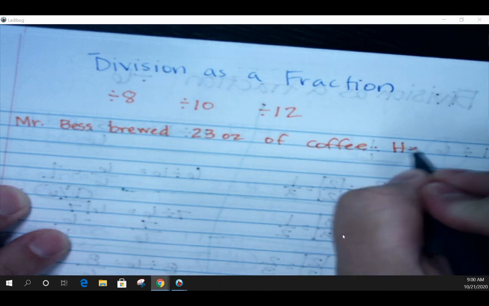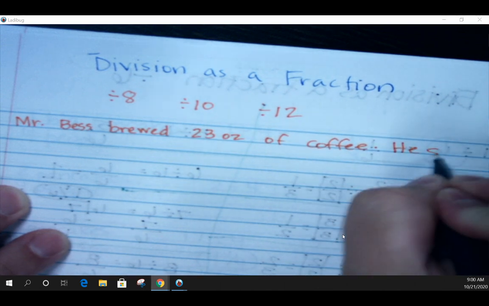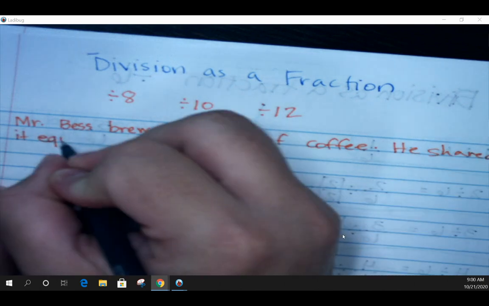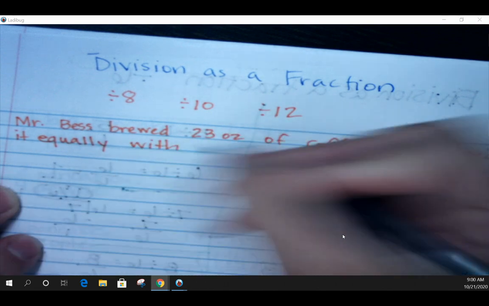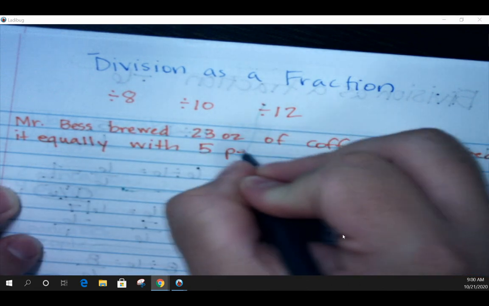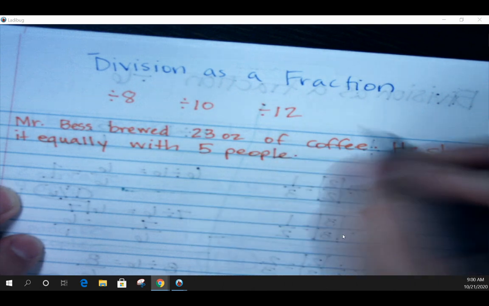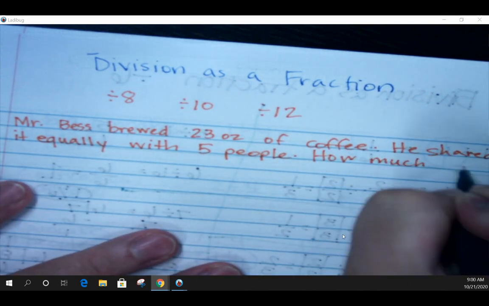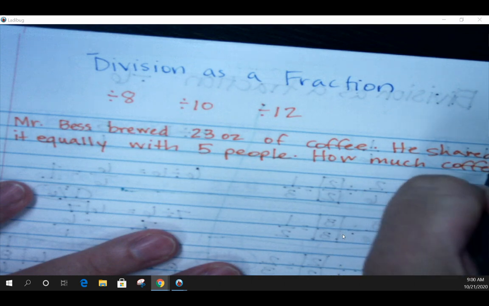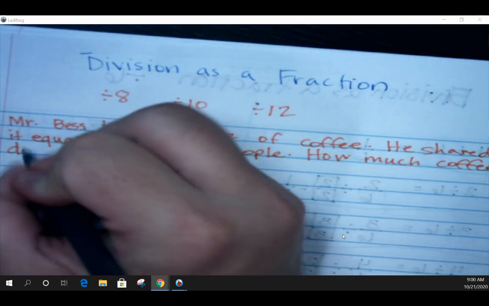He shared it equally with 5 people. How much coffee did each person get?